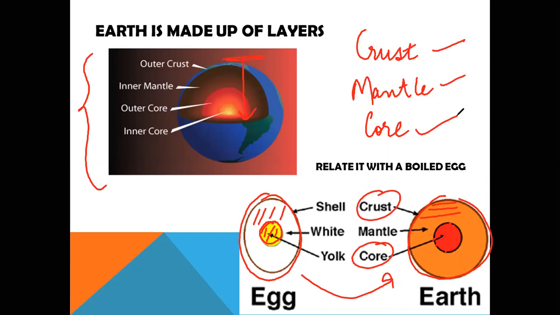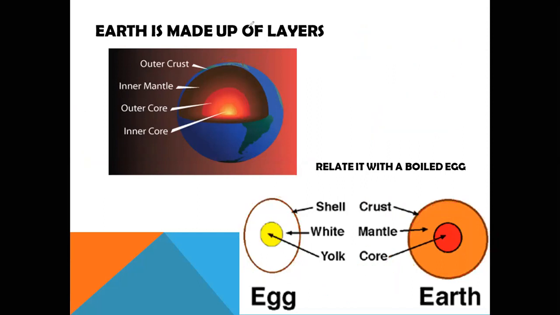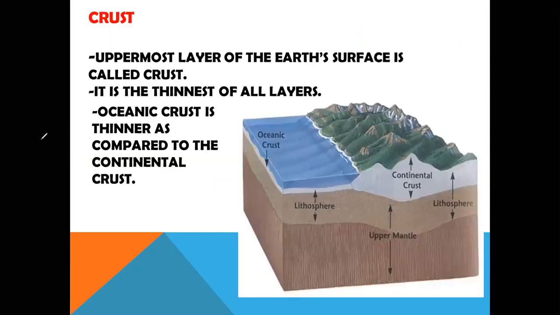Now let's try to understand all the 3 layers one by one. We will start with the outermost or the uppermost layer of the earth. The uppermost solid layer of the Earth's surface is called crust.